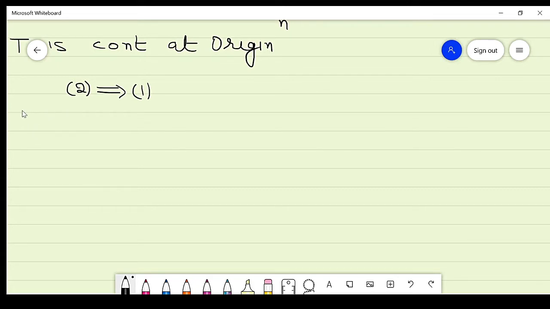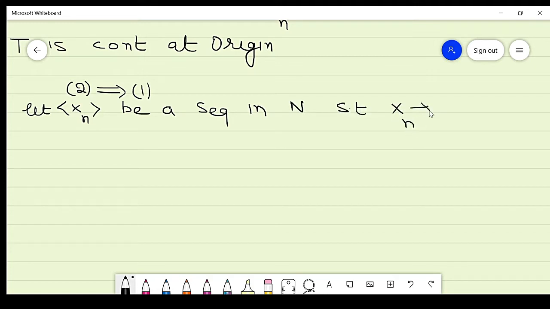To prove T is continuous, let xn be a sequence in N such that xn approaches x as n approaches infinity, right?